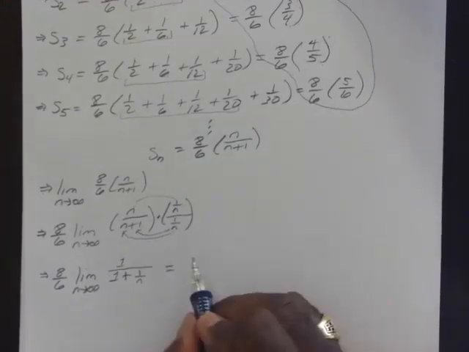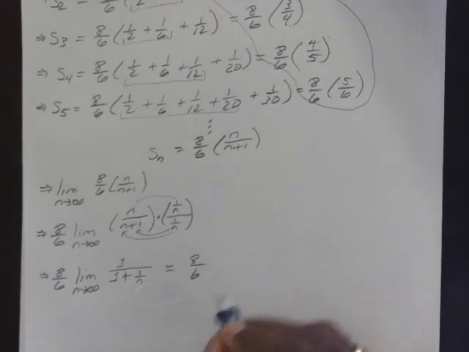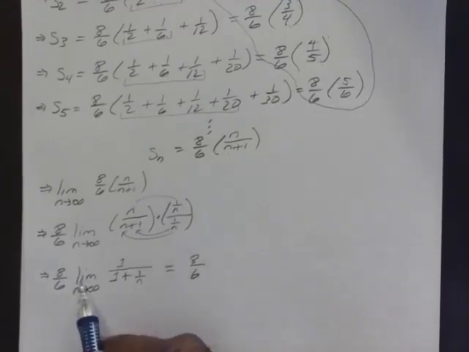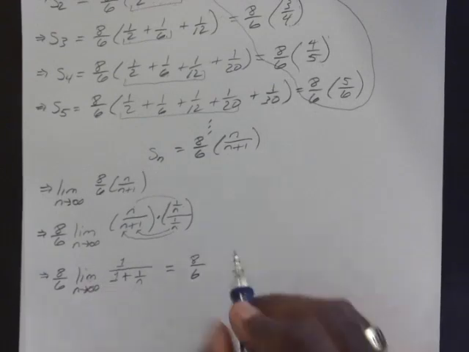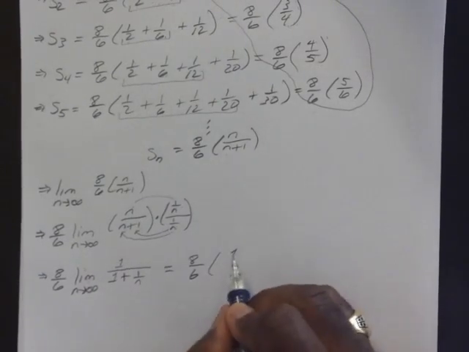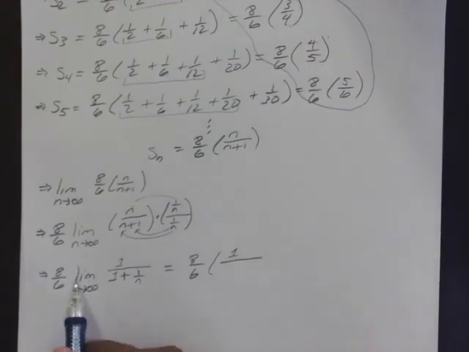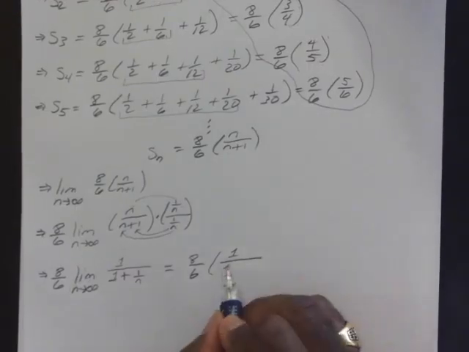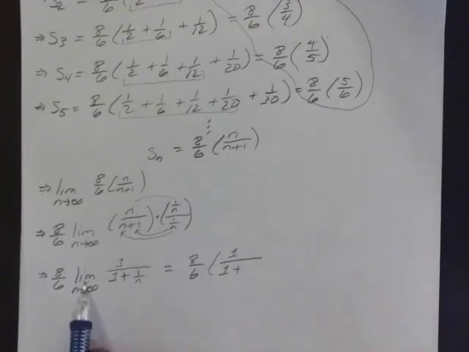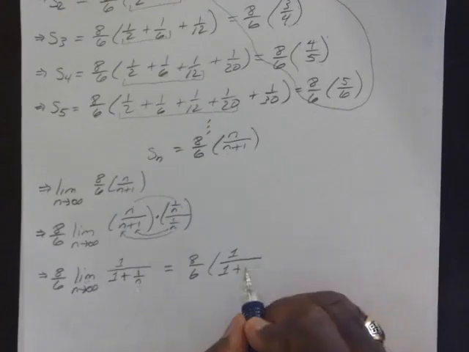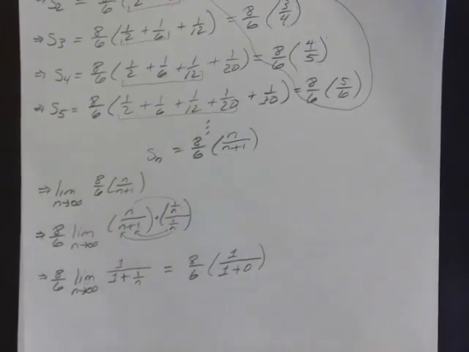Okay, so if we take our 8/6 and bring that over, times, if we apply the limit to the numerator and denominator, the limit of 1 is just 1, over the limit of 1, again, it's just 1, plus the limit of 1/n as n approaches infinity. Again, whenever you have a constant divided by a number that's getting bigger and bigger and bigger, that limit is always going to be 0.